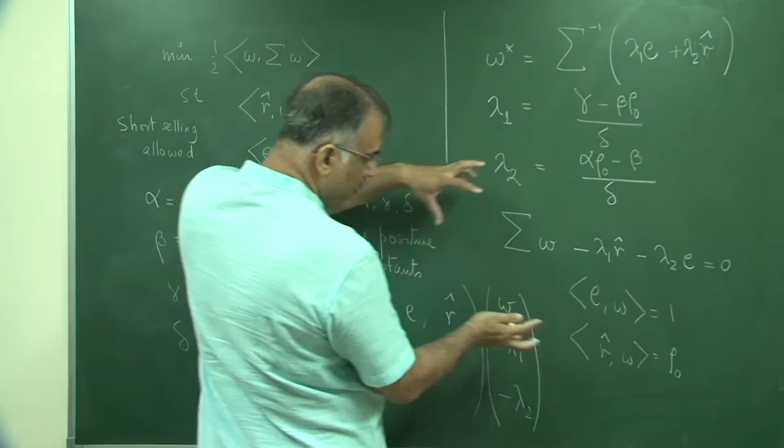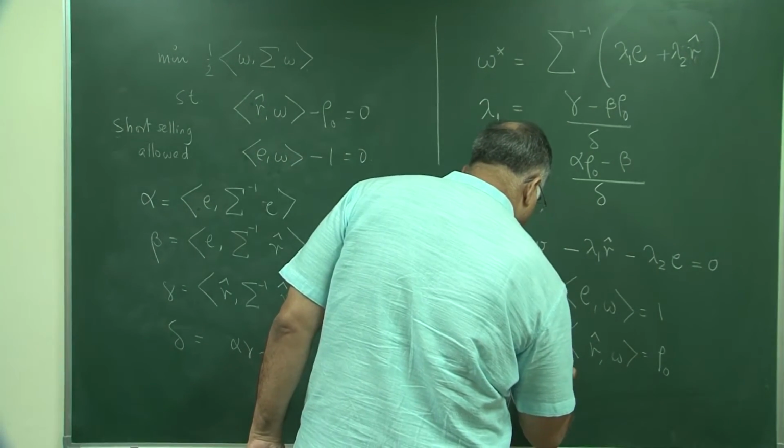If you are just clubbing all this in matrix form, this would give me the 0 vector.